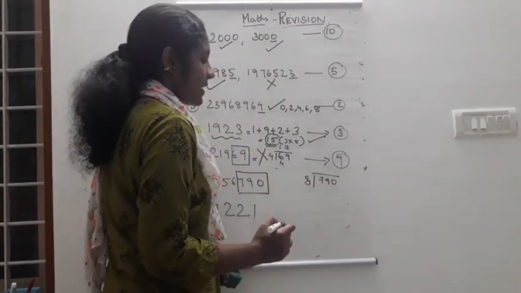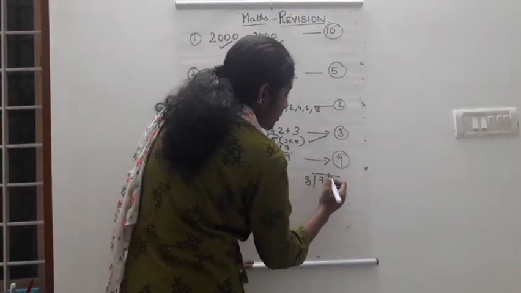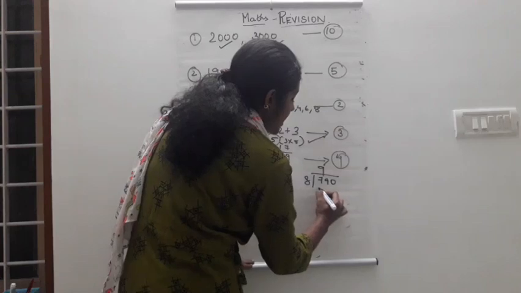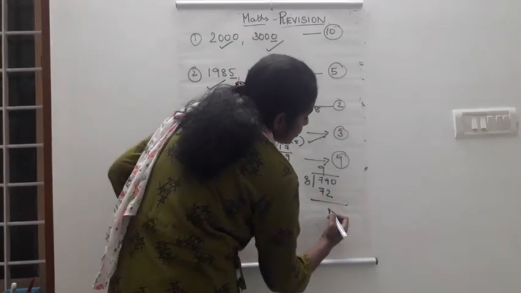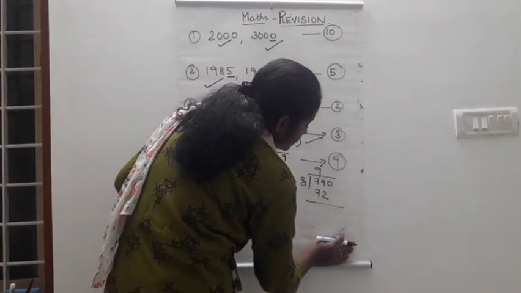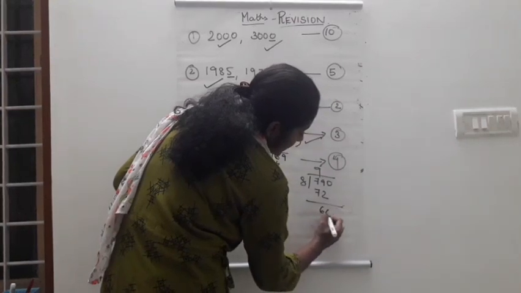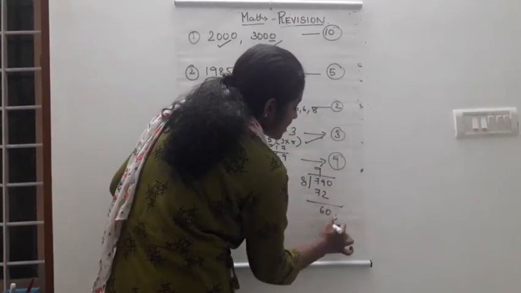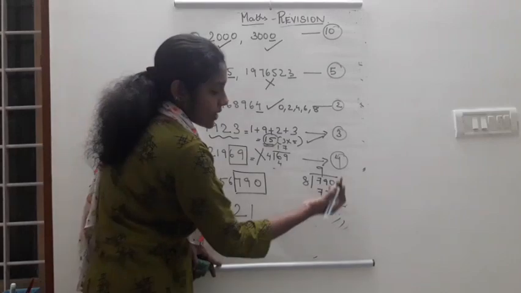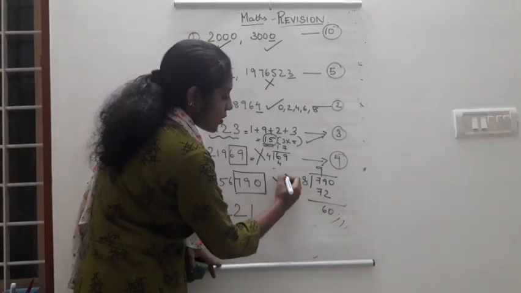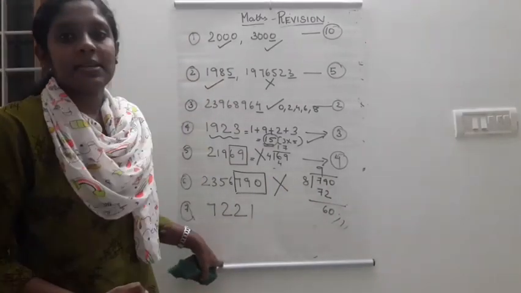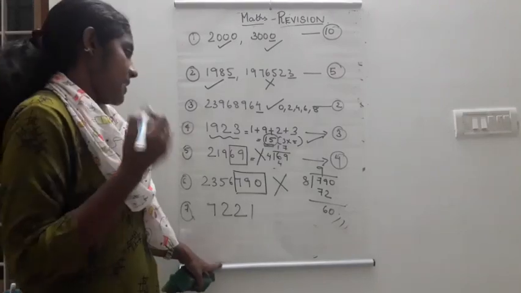So divide it and find out. You will get a remainder. You cannot divide it. That is, 790 is not divisible. That means it is not divisible by 8.